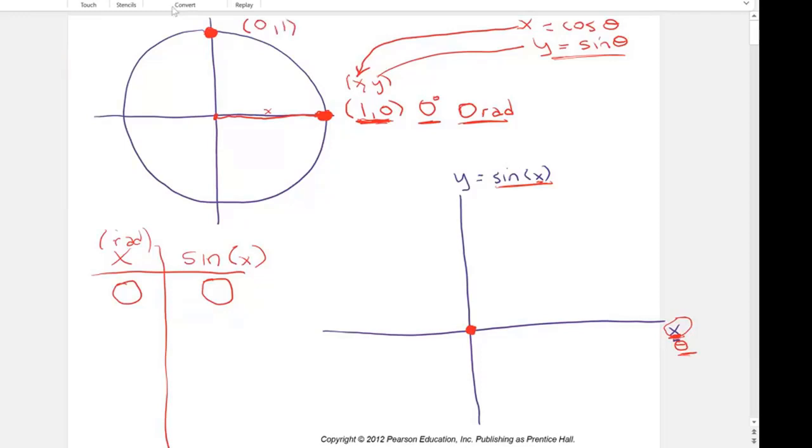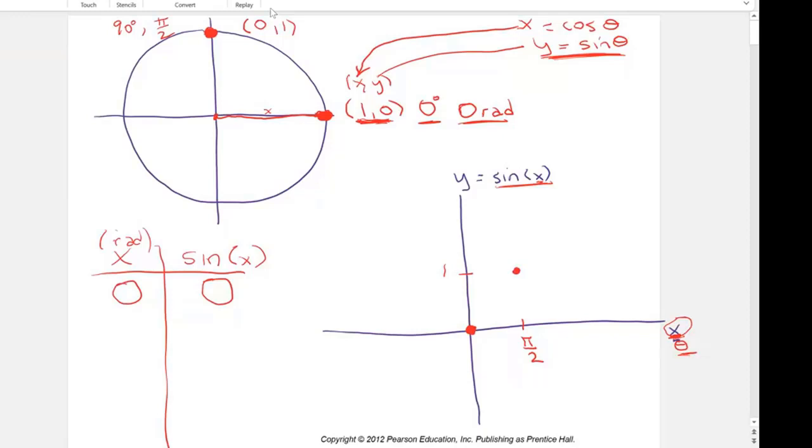And this also is going to be 90 degrees, but we're going to call it pi over 2 because, again, we're only working in radians. So I'm going to place here pi over 2. And at pi over 2, my y value, which is the sine, is equal to 1. Make sense? Yes. Oh, good.